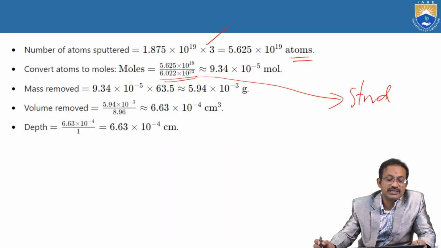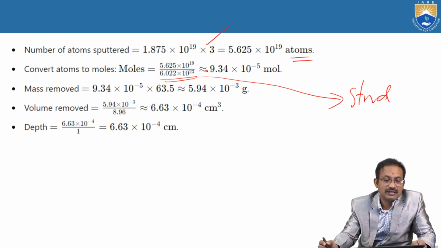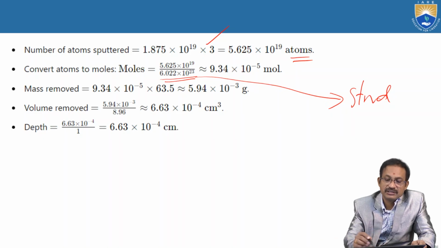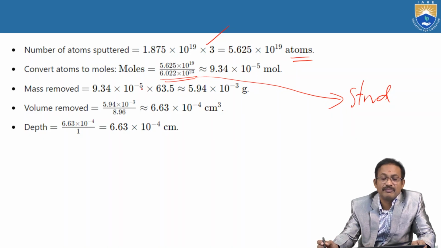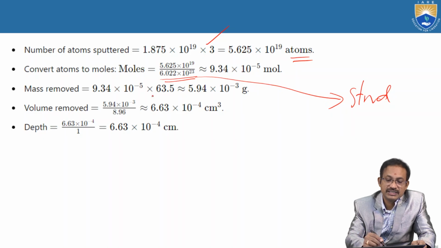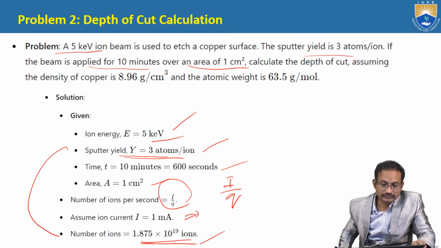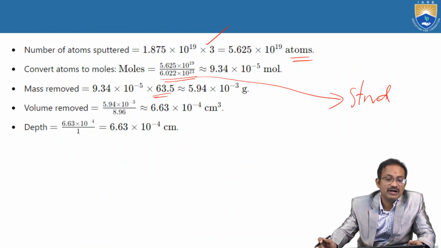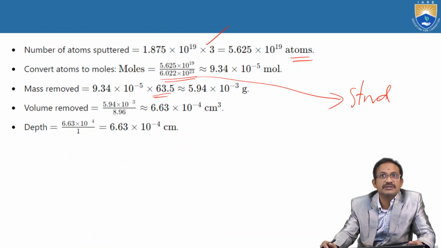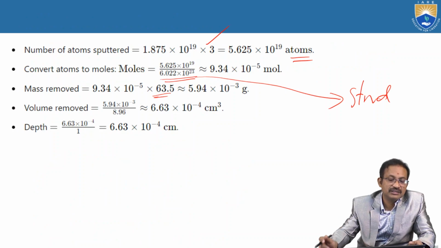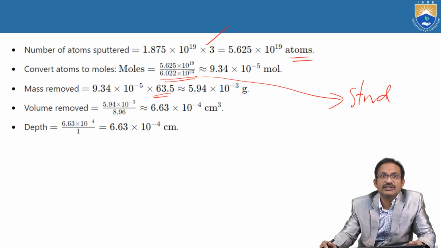Now mass removed equals moles, that means 9.34 into 10 power minus 5 into 63.5. From the number of ions we got the number of atoms sputtered, and from that we convert atoms to moles.